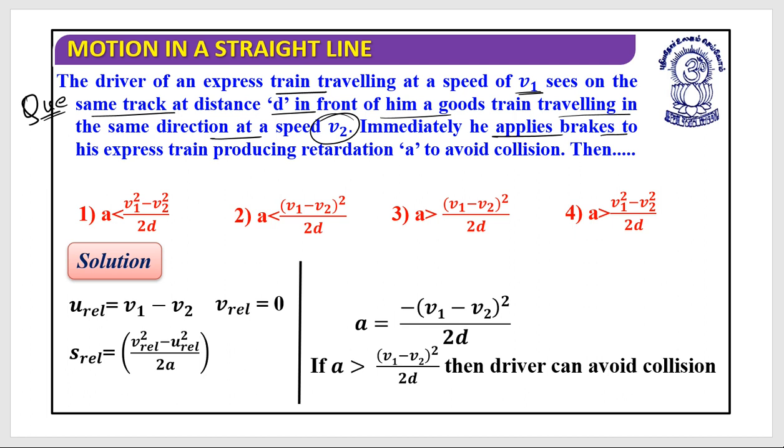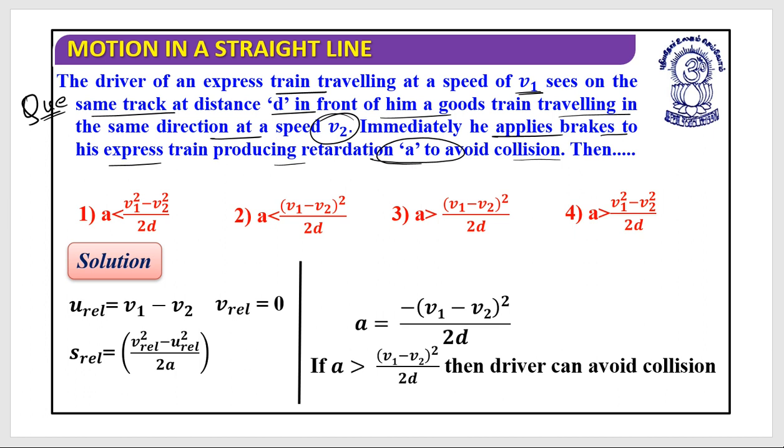Immediately he applies brake to his express train, producing a retardation of a to avoid collision. Then you need to find out what should be his acceleration so that he can avoid the collision.